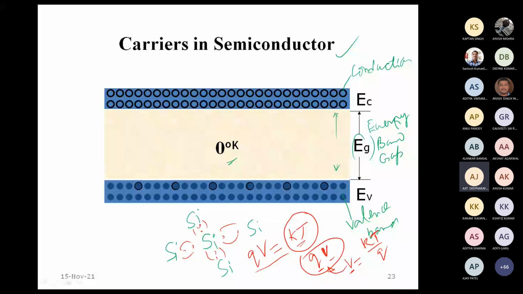As temperature is increased, this thermal energy increases, and these loosely bound electrons may get sufficient energy and break the covalent bond. If the covalent bond is broken, then the electrons are free to move, and they appear in the conduction band. This shows that a few of the electrons have come up, leaving behind their places.